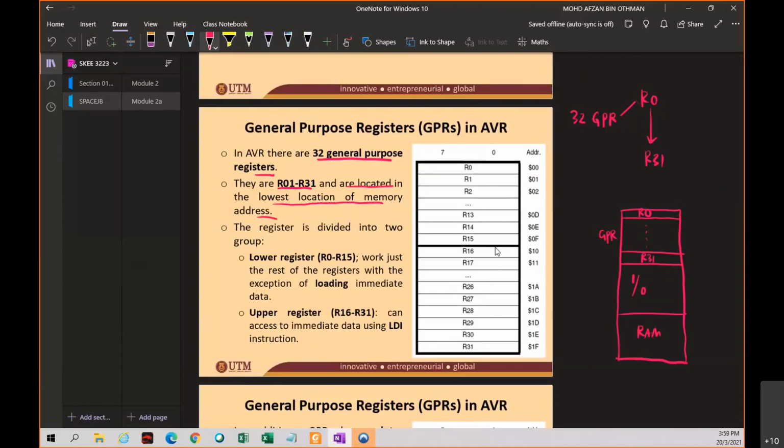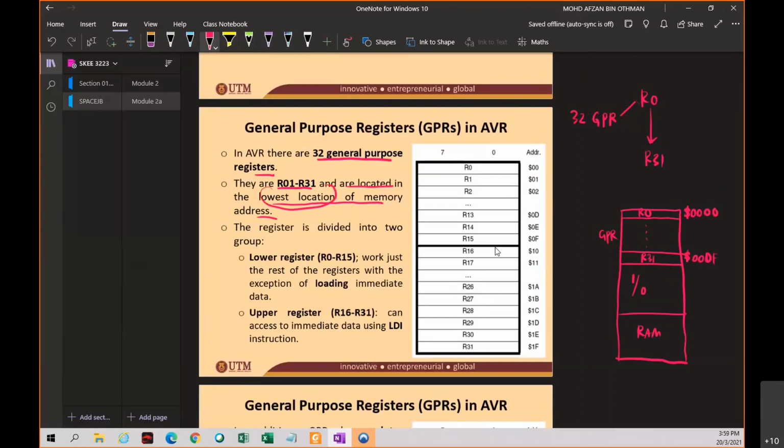This GPR is located dekat lowest location of your memory address, which is they akan start with 0000 sampailah 001, sorry, 000.